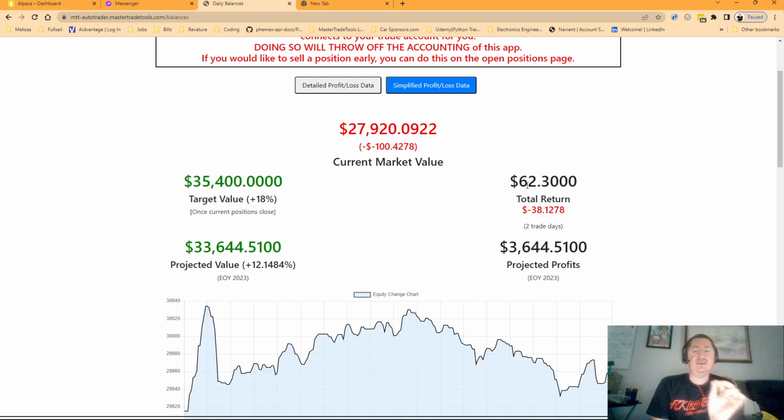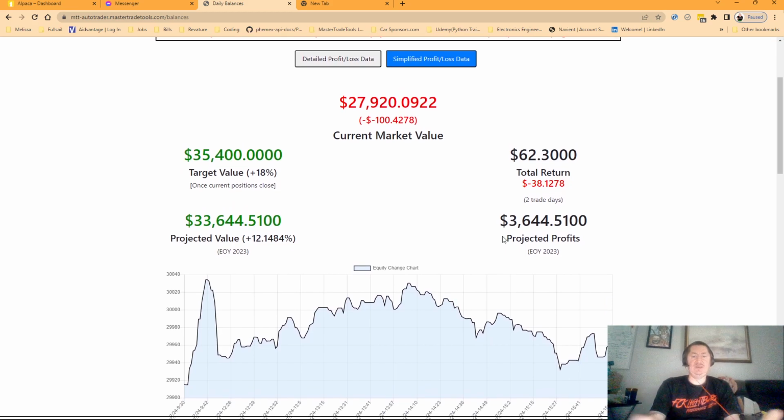Now, this shows you, okay, well, I've made $62, but these open positions show us at a $100 loss currently. But technically, you're not at a $100 loss. You're only at a $38 loss, or not even really a loss, but a $38 minus projection because we have that realized profit against the unrealized profit.